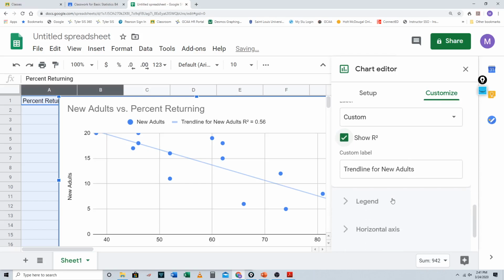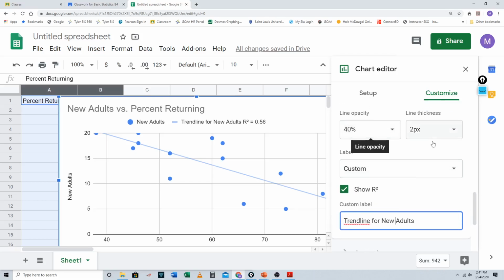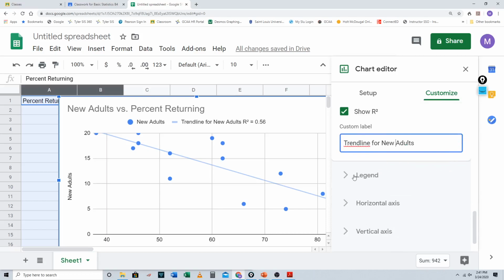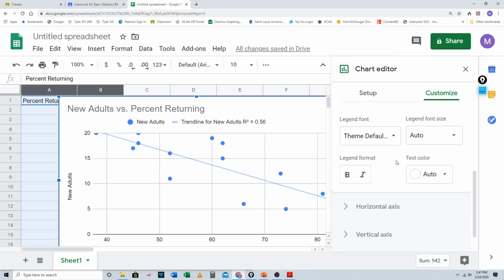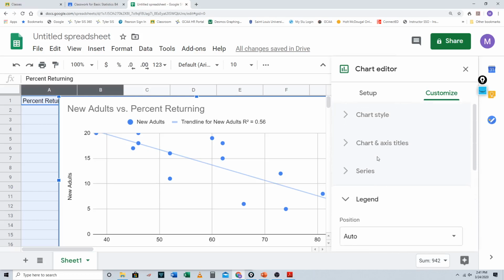Somewhere on here it says show the equation, so I remember where. Oh, we did this in class.